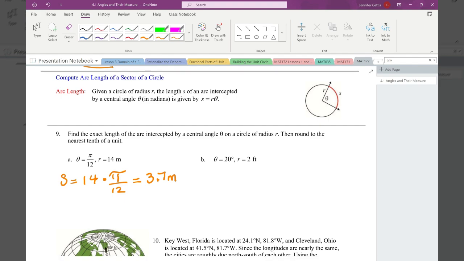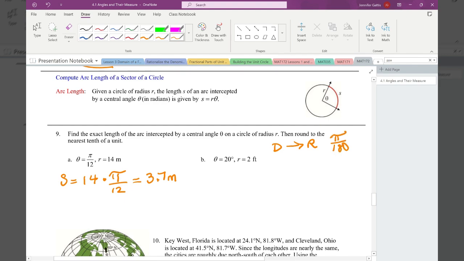Now, in example B, we have our theta is 20 degrees. But let's recall that when we have something in degrees and we want to calculate the arc length, we need that in radians. So the first thing that we're going to have to do is convert degrees to radians. And remember, if we're going to radians, we want the radians on top.